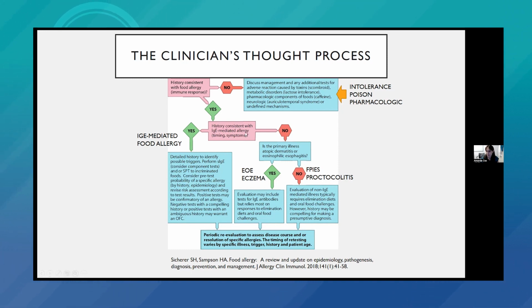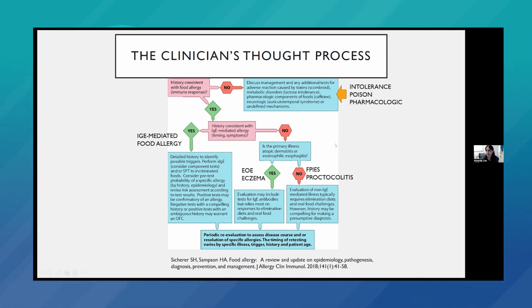If I don't think this is an IgE-mediated food allergy, I may be thinking of more of the immunologic food reactions that are not IgE. The big categories are EOE, the eosinophilic esophagitis, or eczema, which have mixed immunologic causes, and this involves its own type of management.